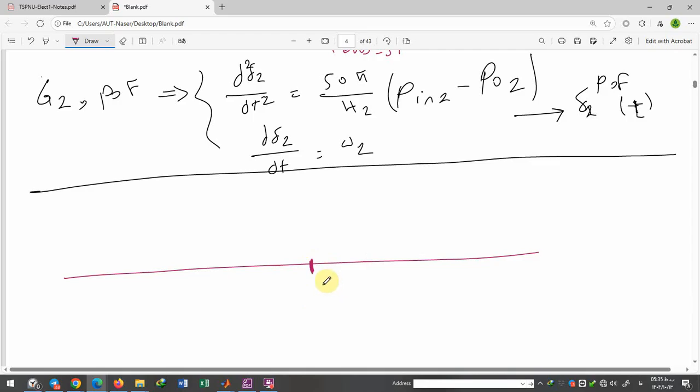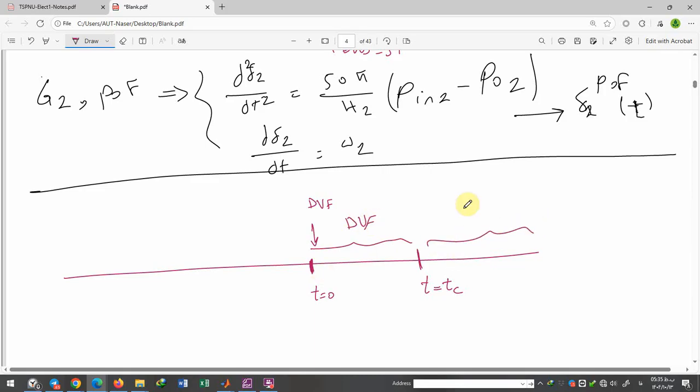If you suppose that t is equal to 0, it is the start of during fault, and the fault continues up to Tc. Tc is the clearing time. This is the period of time of DUF.